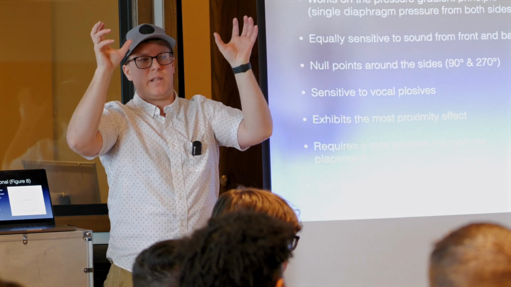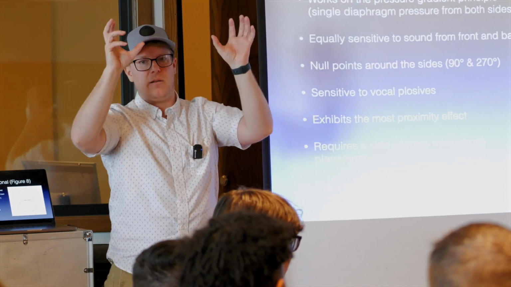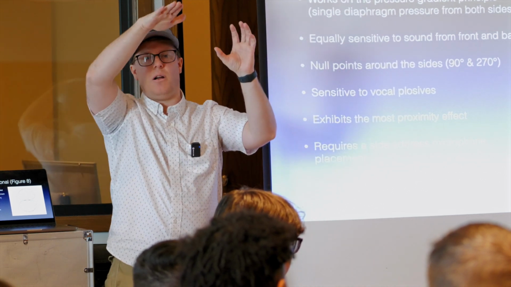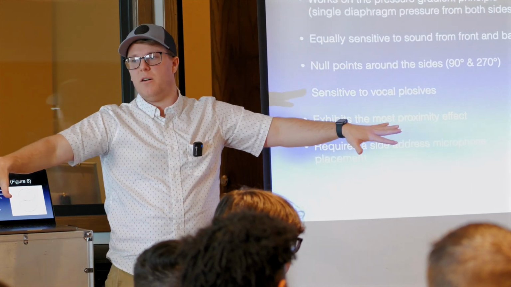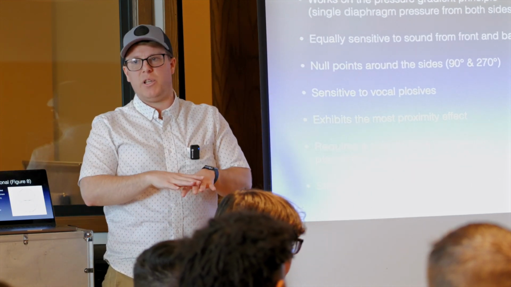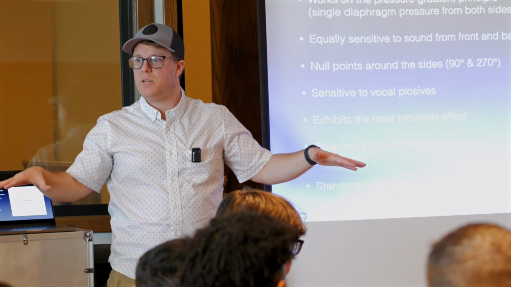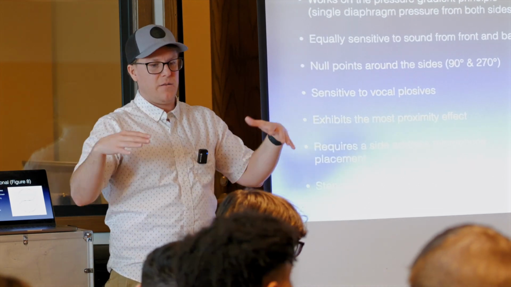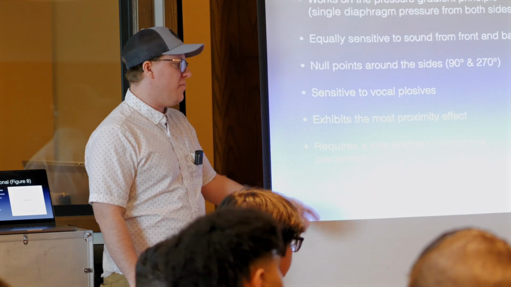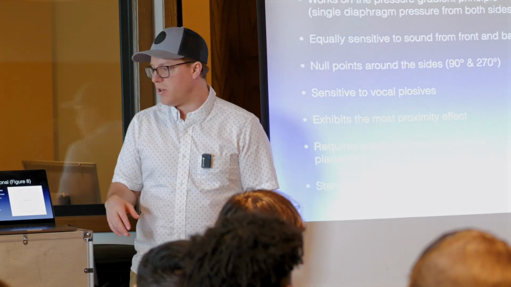So I'm using that figure 8 pattern to my advantage, and then I put a large diaphragm condenser right in the center, capturing the overall spread, and it gives a really good stereo image to the overhead mics of the drum set. This is your standard pattern for pretty much all ribbon mics.